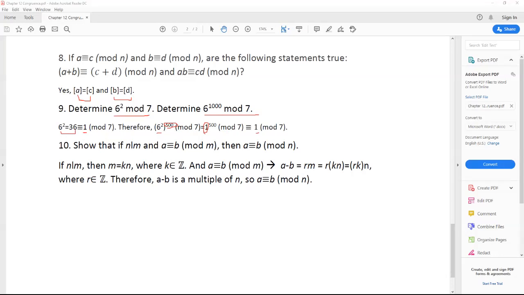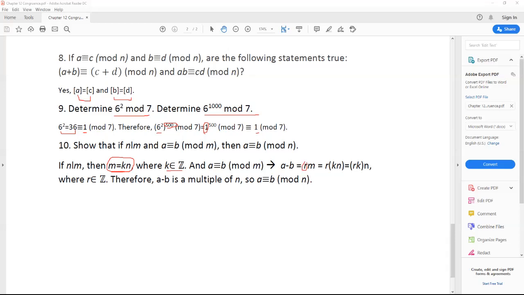Number 10, show that if n divides m and a is equivalent to b mod m, then a is equivalent to b mod n. If n divides m, then we know that m has to be some multiple of n. I chose to write m is equal to k times n, where k is an element of the integers. We're also given that a is equivalent to b in mod m, which means that a minus b is some multiple of m, and I chose to use r, where r is an integer.